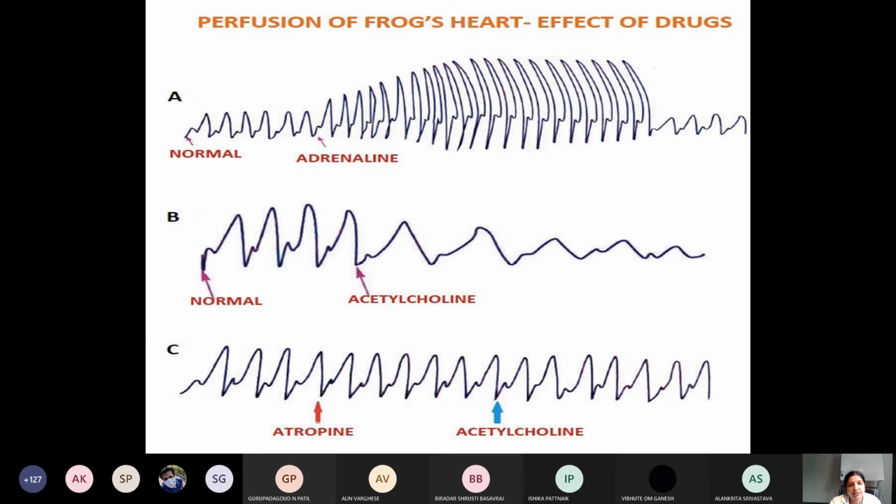The effect of adrenaline, that is sympathetic nerve stimulation, on the heart is that it increases both force of contraction and rate of contraction. That's why adrenaline is used for so many therapeutic uses to treat different types of shocks and cardiac arrest, as I told you, right?